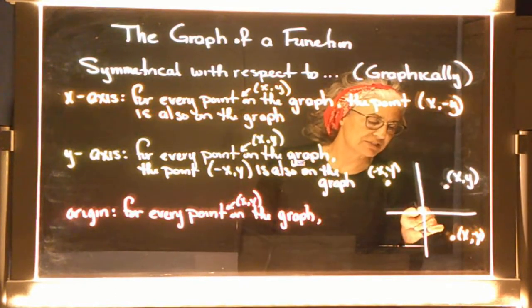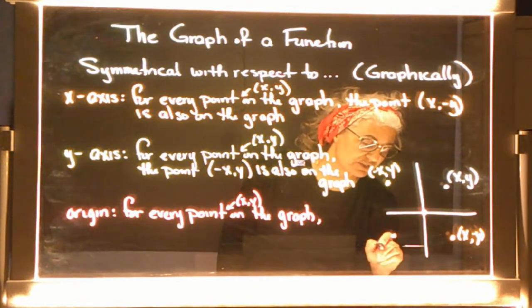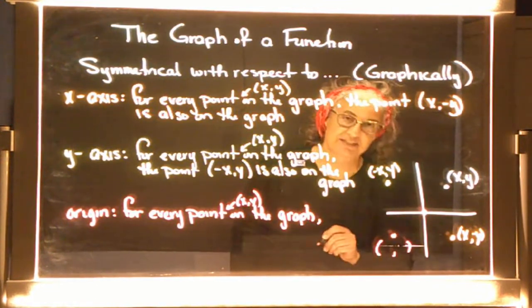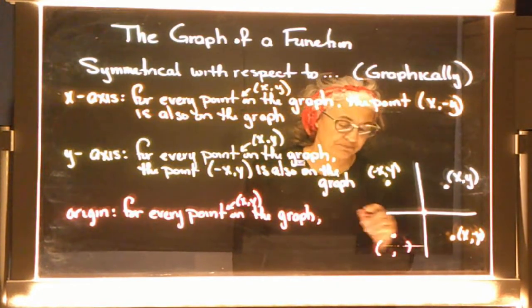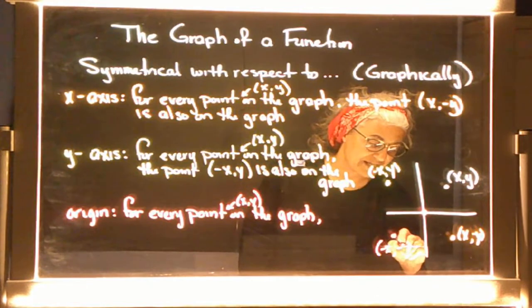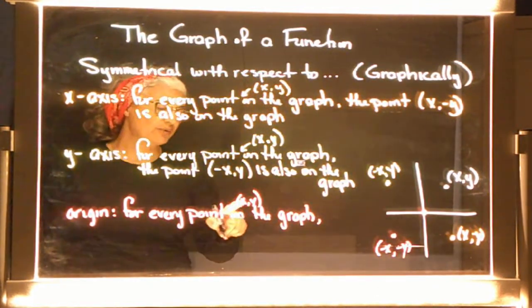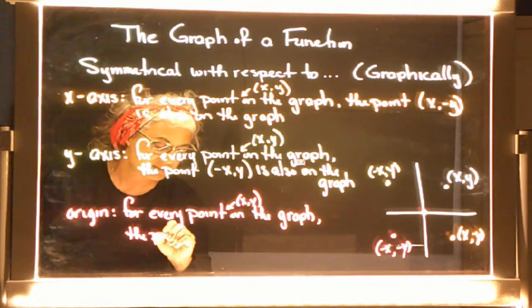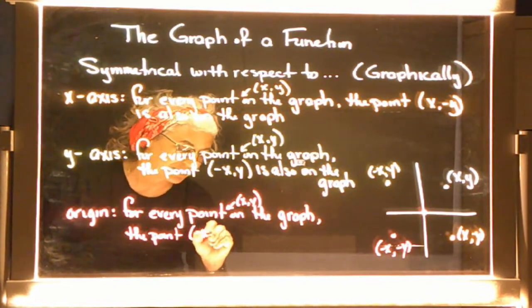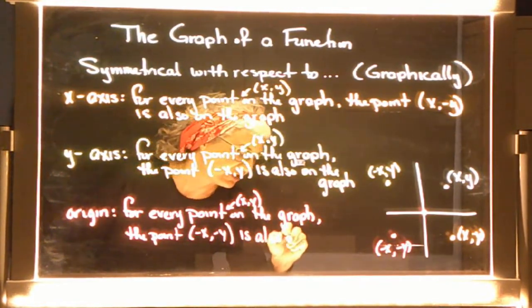When this point looks at itself in this mirror, its reflection is over here in quadrant 3. So when it's in quadrant 3, what does that point look like? Good. It looks like negative x and a negative y. So for every point x, y on the graph, the point negative x, negative y is also on the graph.